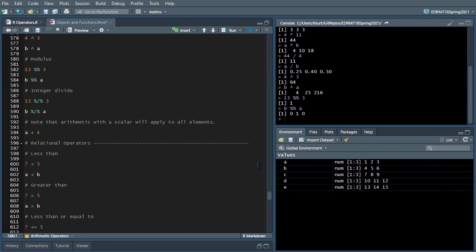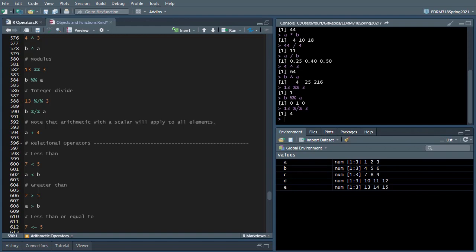Then there's integer divide. Notice it looks a lot like modulus in that it's two percent signs, except that there's a divide between them, that upward slash. What is integer divide? Integer divide is sort of the inverse or opposite of what modulus does.